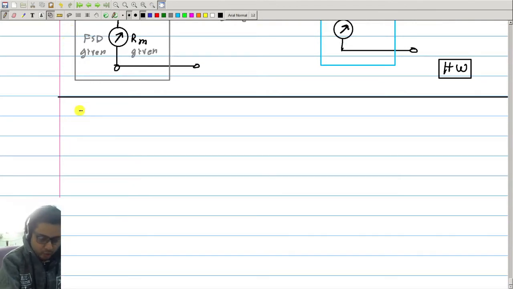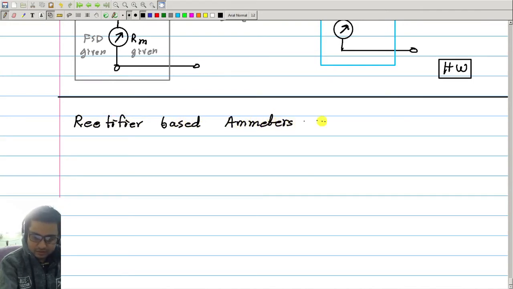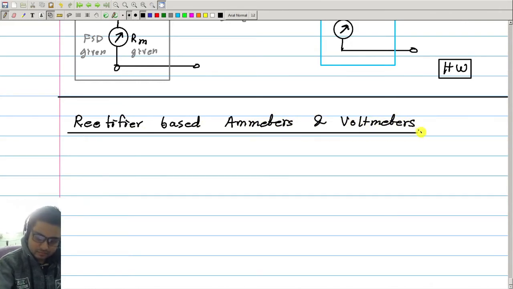Okay. Now let us talk about rectifier based ammeters and voltmeters. You recall that we once said that PMMC meters are more sensitive than electrodynamic or moving iron. However, that is true particularly for low values of current. PMMC is more sensitive, but the problem is a PMMC meter can measure only DC current or DC voltage.